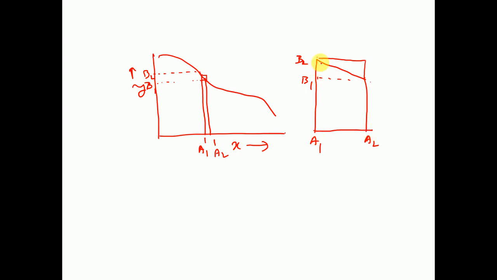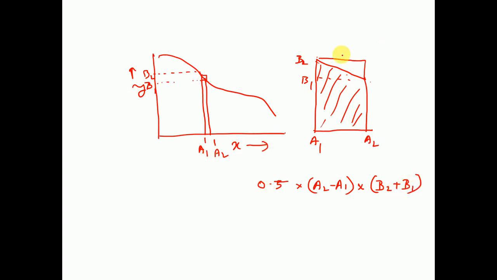If we calculate the areas of these two rectangles, this will be the average of the areas. So the area will be 0.5, because of the average, multiplied by A2 minus A1, multiplied by B2 plus B1.